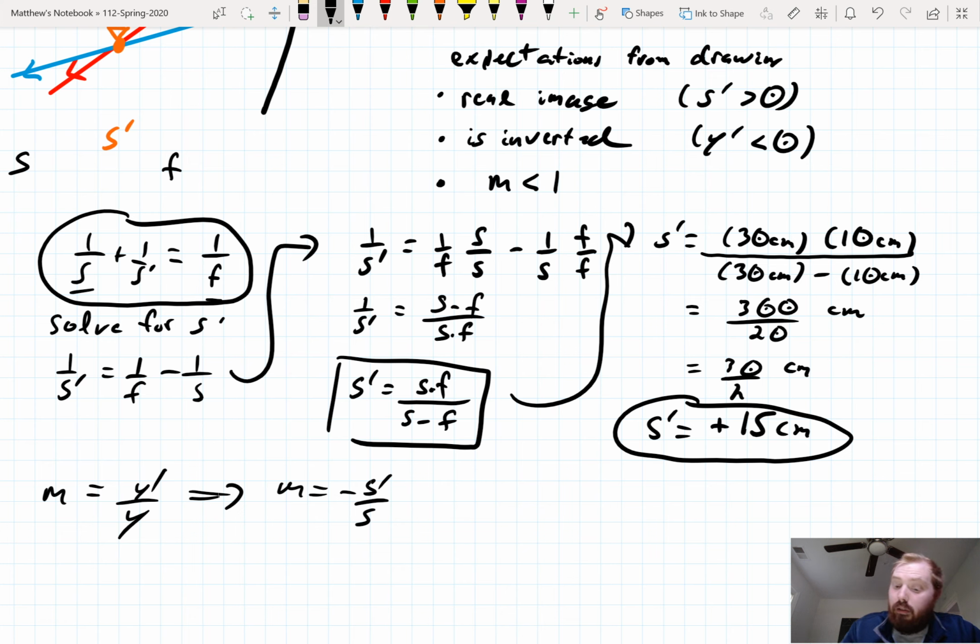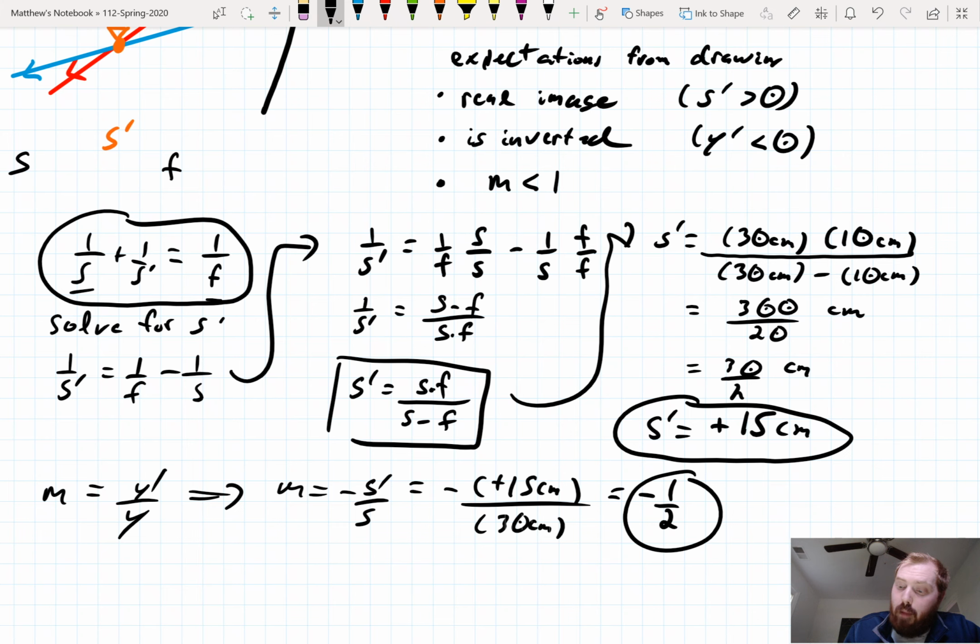We'll just plug in our values. This is minus positive 15 centimeters over 30 centimeters, which gets you minus 1/2.